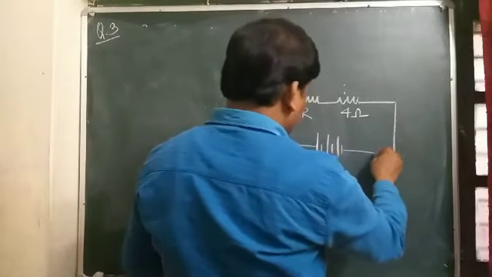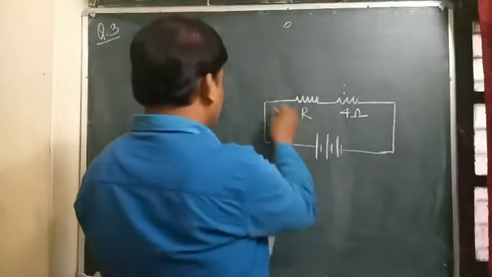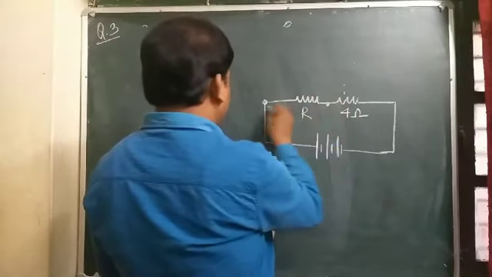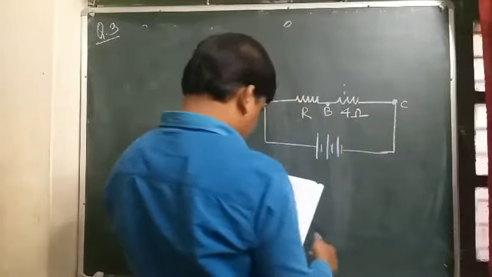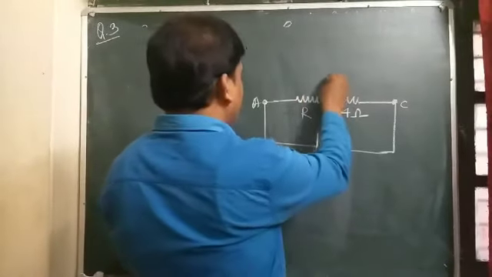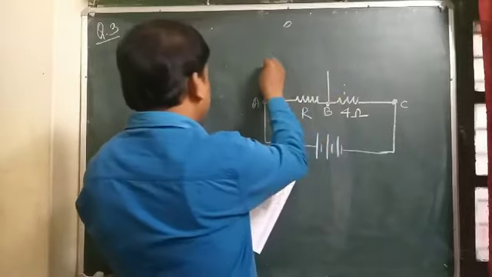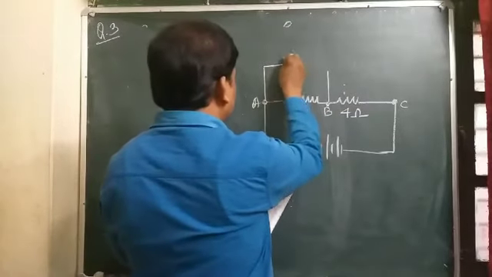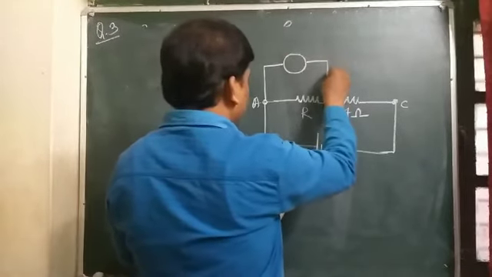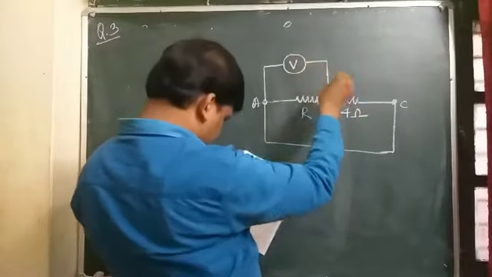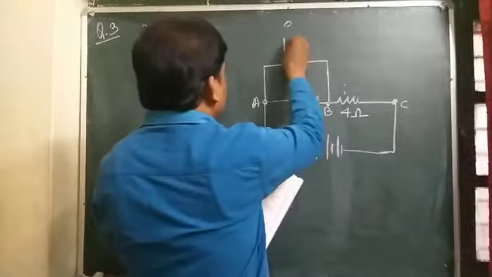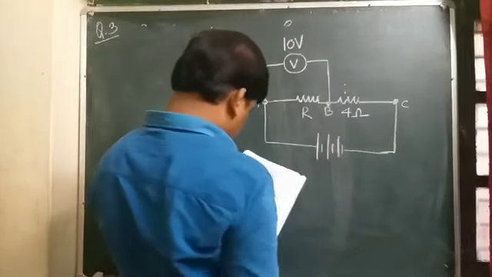Also this is point A, this is point B, and this is point C. Between points A and B there is a voltmeter, V, and its value is 10 volt.